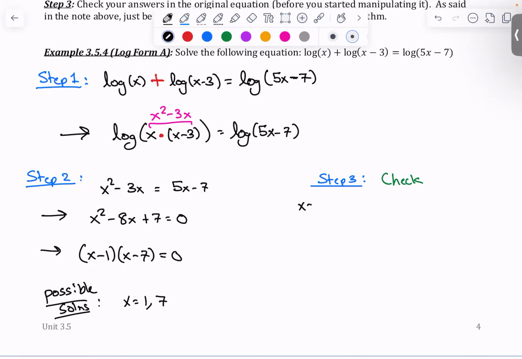So, if x is equal to 1, we'll plug it in: log of 1 plus log of 1 minus 3. Does that equal log of 5 times 1 minus 7? Now, I could go into my calculator and plug these things in, but I don't need to.